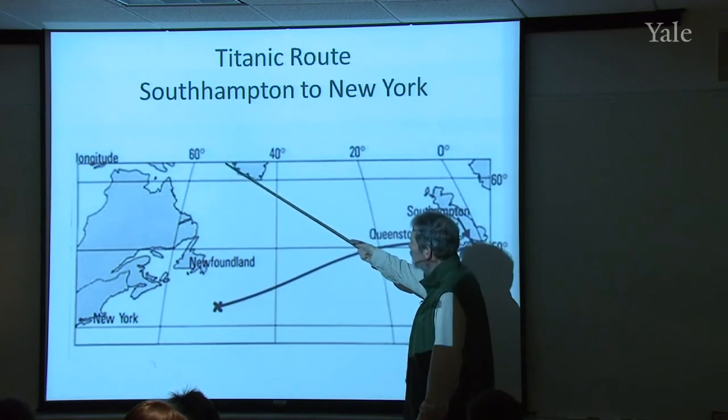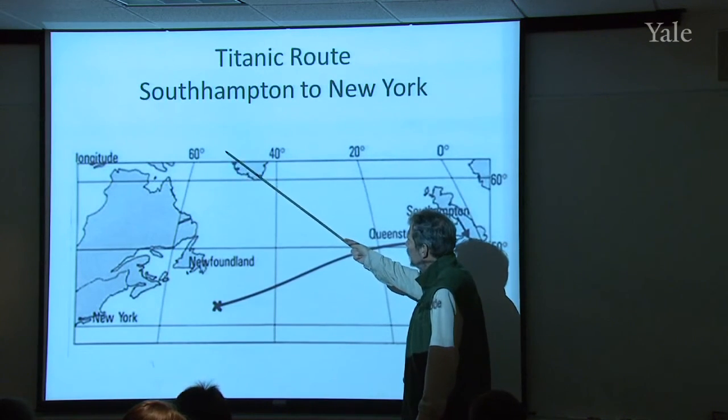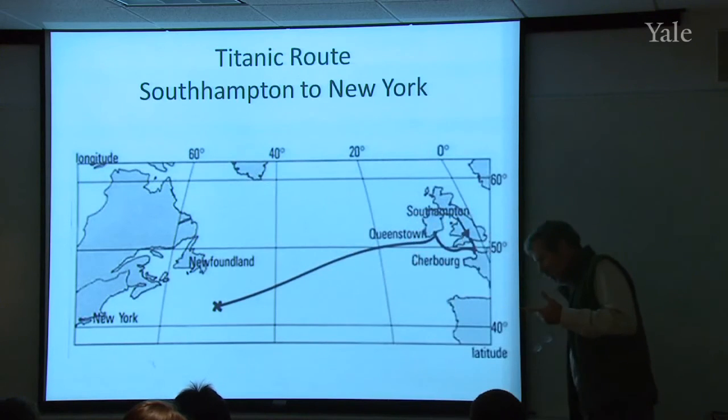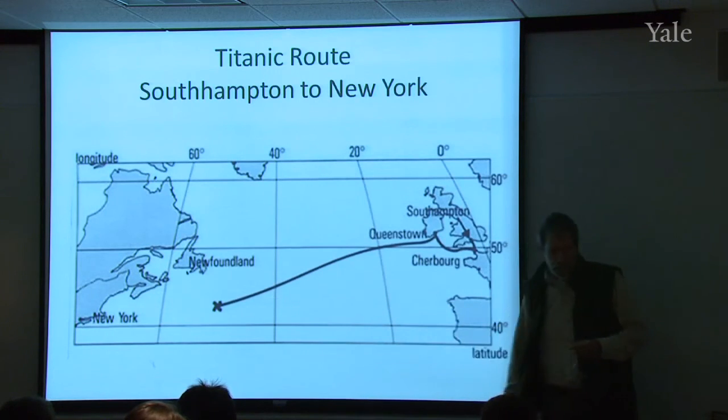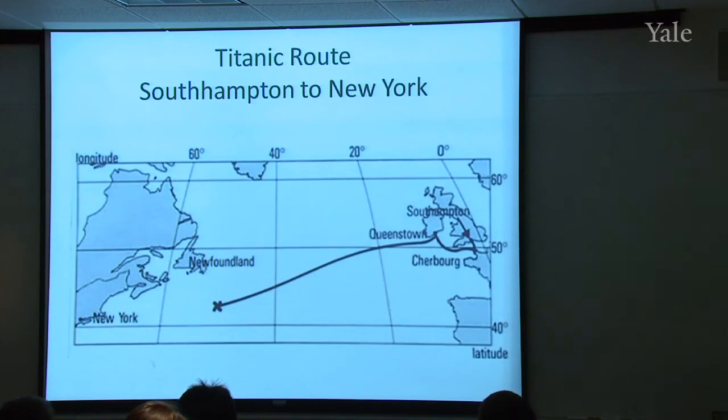So almost certainly it came from the west coast of Greenland, and because Jakobshavn is known to be the most prolific generator of icebergs, I guess it's a fair guess that it was one of those Jakobshavn icebergs that did the deed for the Titanic. Any questions on that?